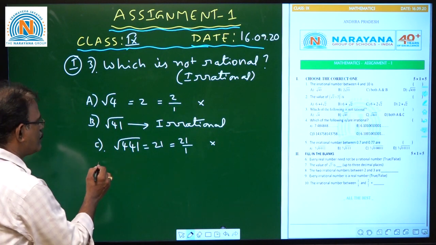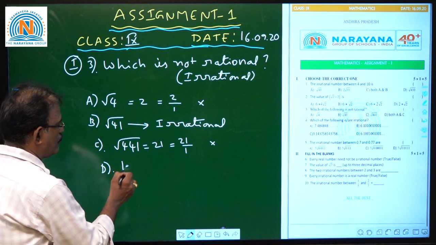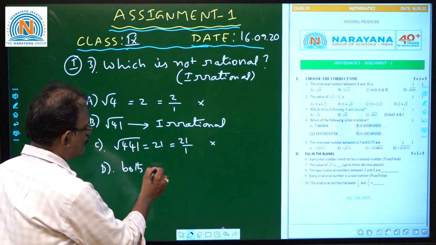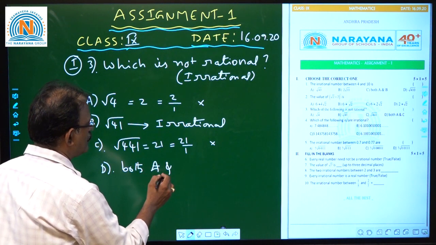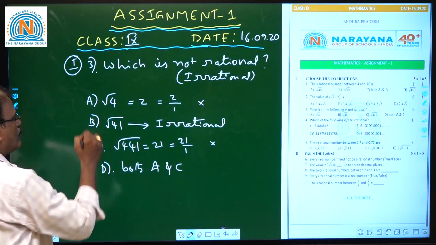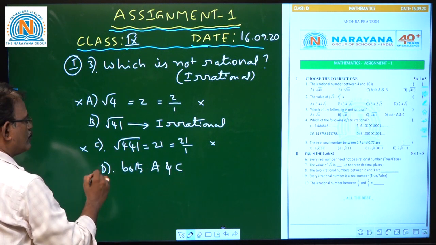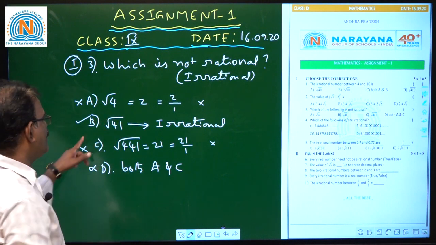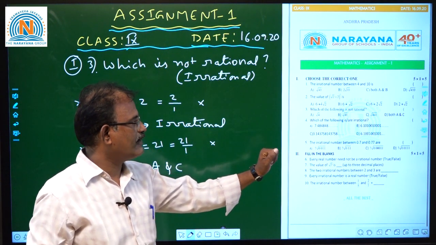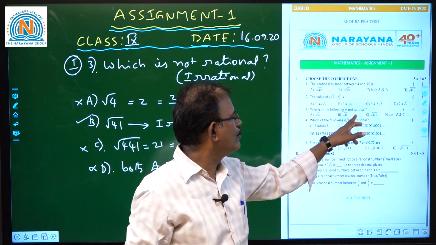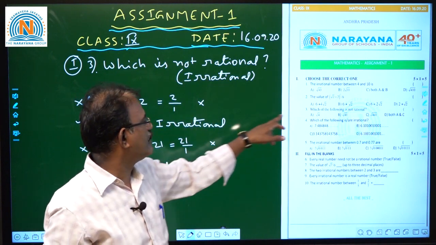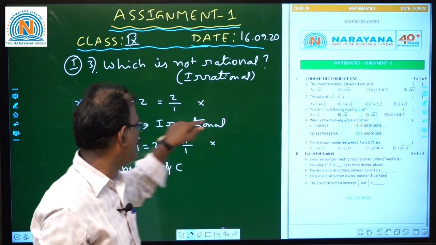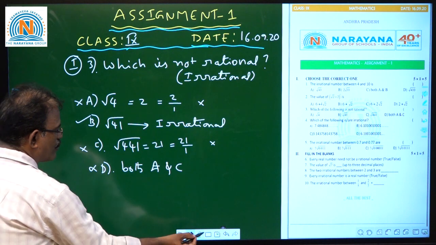Both A and C are rational, so D is also wrong. So our answer is B. Root 41 is not rational, meaning irrational. This is the third question, children.